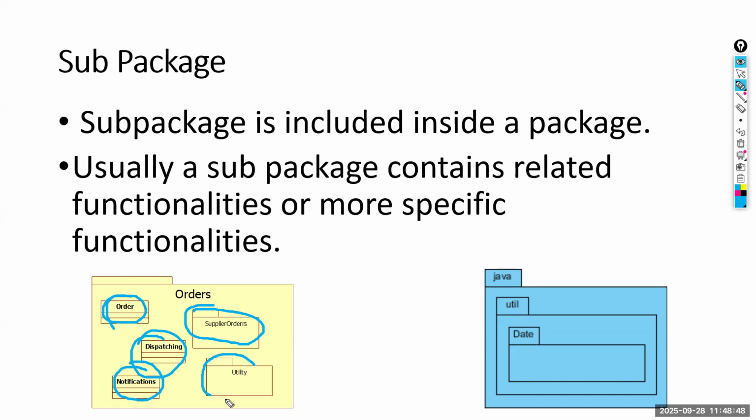This is another sub package inside order, and of course your sub package can have further sub packages. That is why in Java also you have java util, right? In the Java package you have the util package.